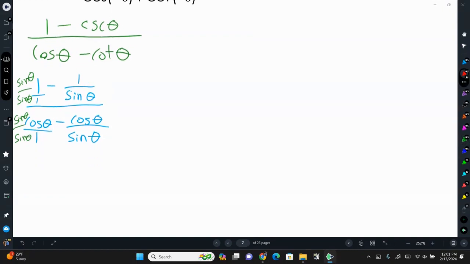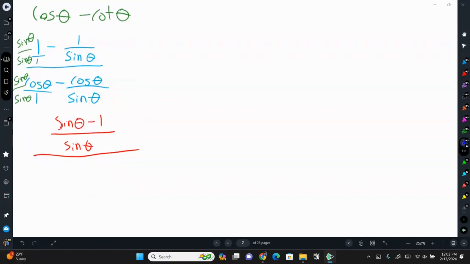So this is going to give me sine theta minus 1 over sine theta over cosine theta times sine theta minus cosine theta over sine theta.